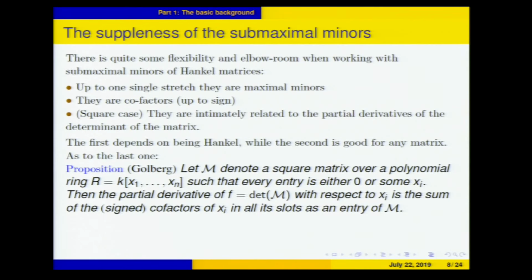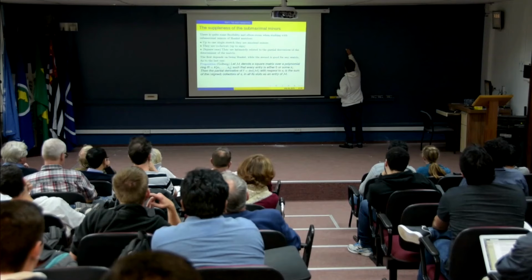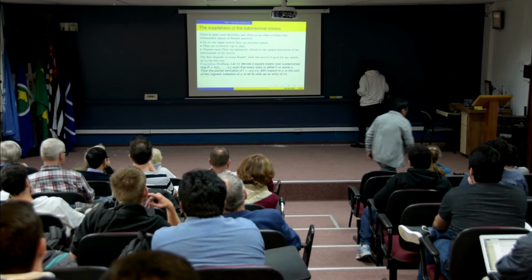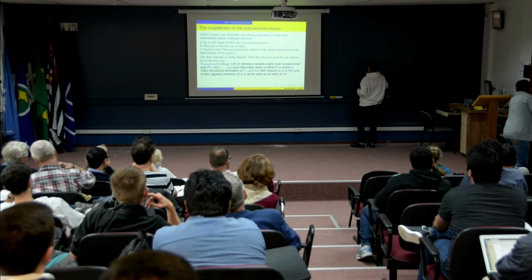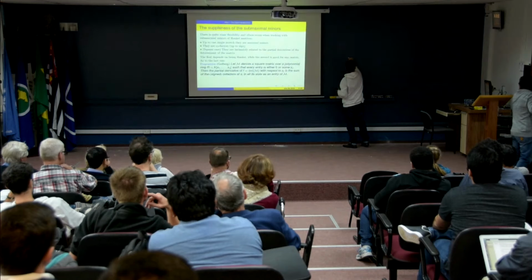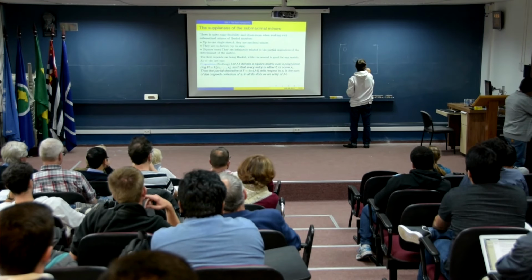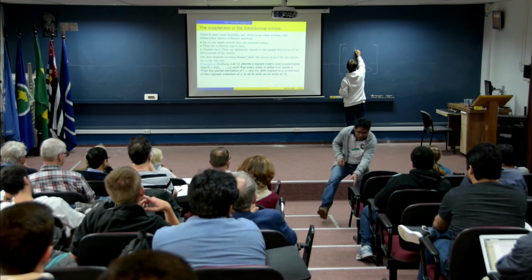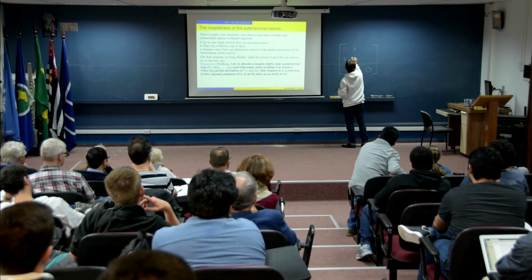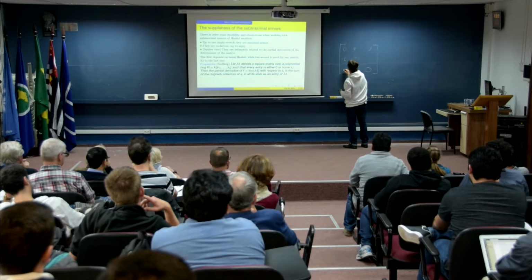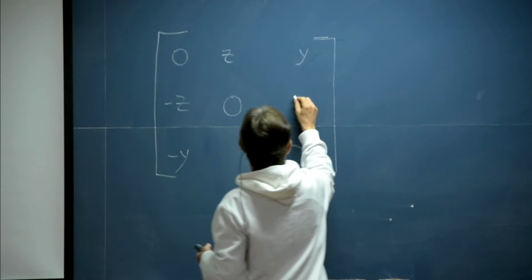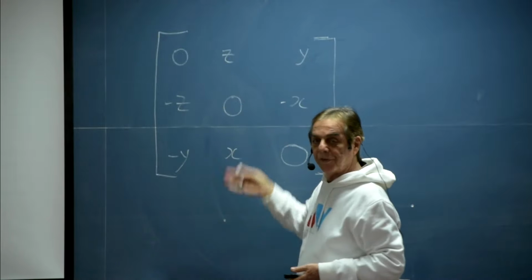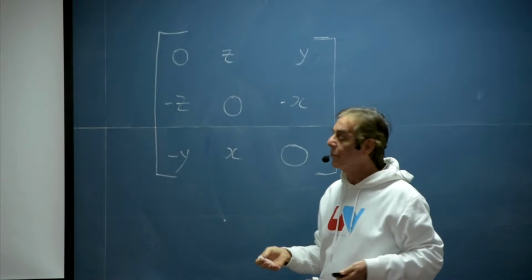Can I write an example? Is it possible to see? No? Here's the famous skew-symmetric matrix, everybody has taught this, something like this. So the syzygies of the variables, 3 variables. Okay.